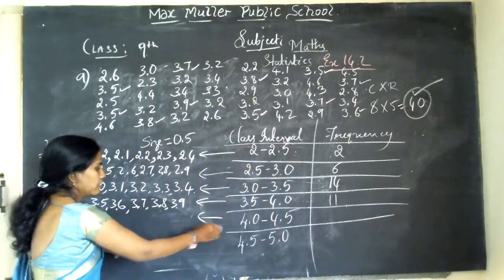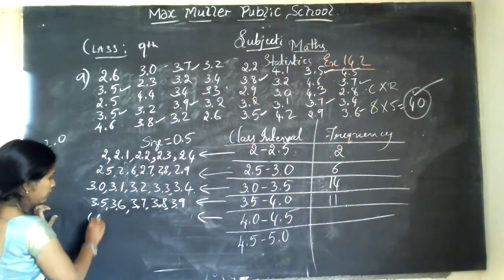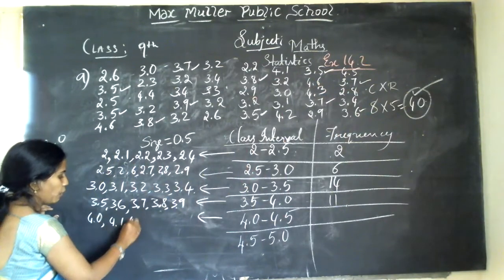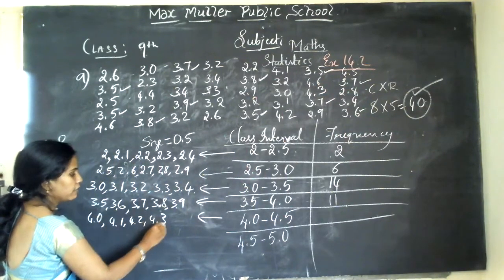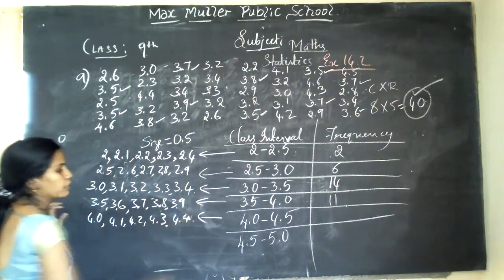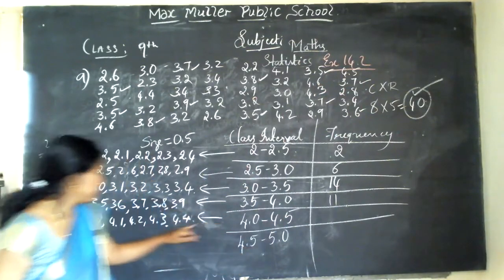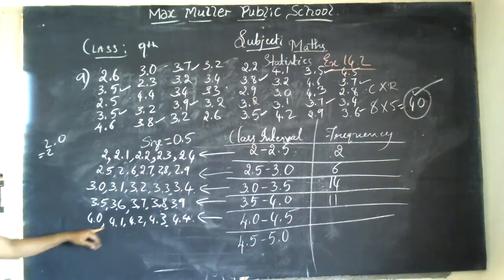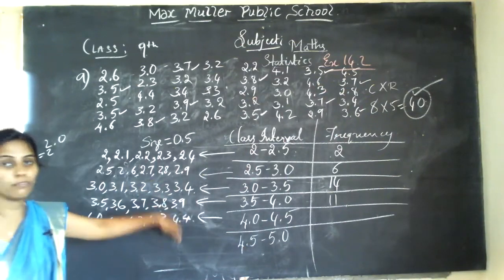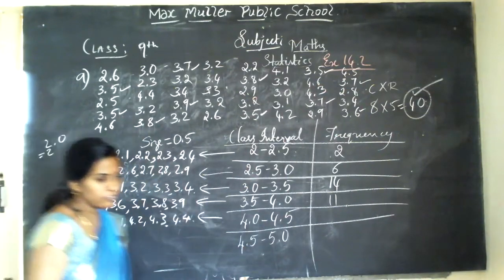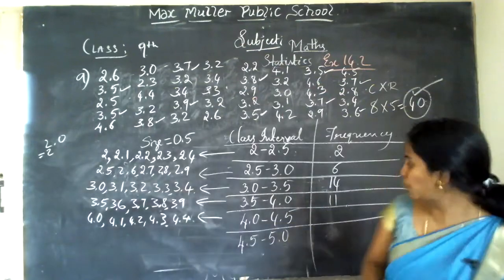Move to next. So 4.0, 4.1, 4.2, 4.3, 4.4. Don't include 4.5, it will come in the next row. So search for these numbers 4.0, 4.1, 4.2, 4.3, 4.4 in the given data, column wise.